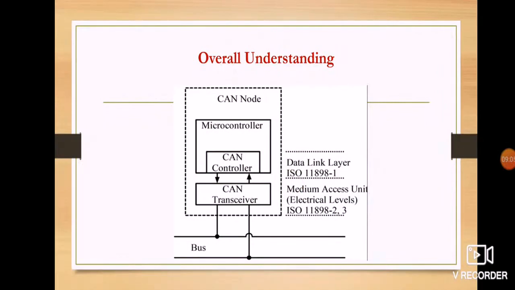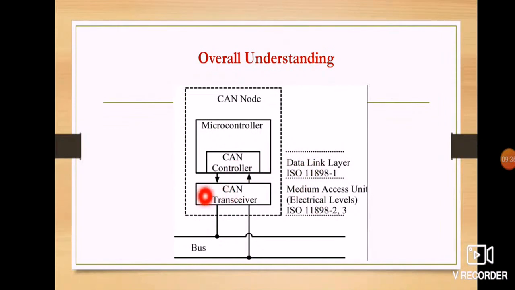You can expect these kinds of questions if you want to go in depth. For example, the basic question is in which OSI layer the CAN controller will be. Your answer will be two layers, right? But it's not correct. The CAN controller will be in the data link layer only. The CAN node will be in two layers, that is the physical layer and the data link layer, but the CAN controller is only in the data link layer.